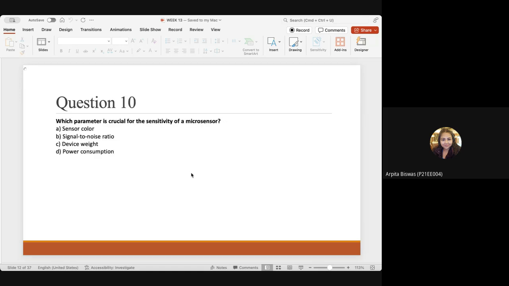Question number 10: which parameter is crucial for the sensitivity of a microsensor? First is the sensor color, option B is the signal to noise ratio, option C is the device weight, and option D is the power consumption.